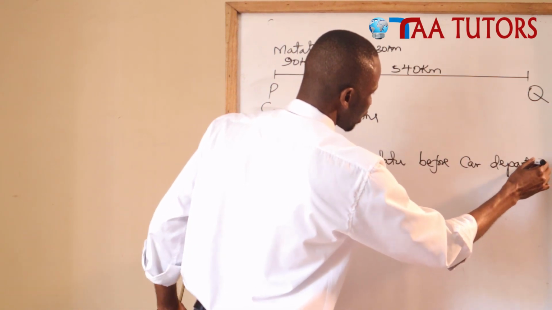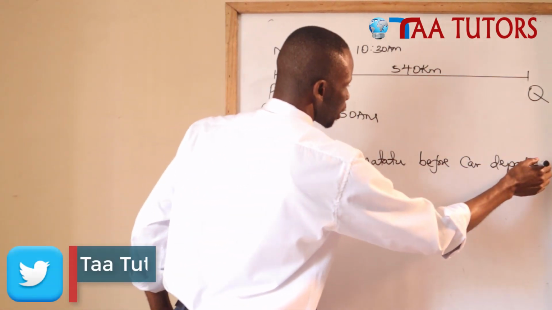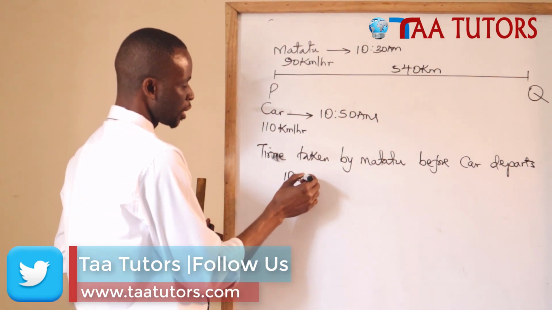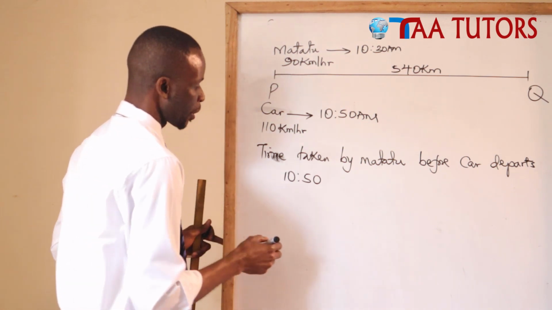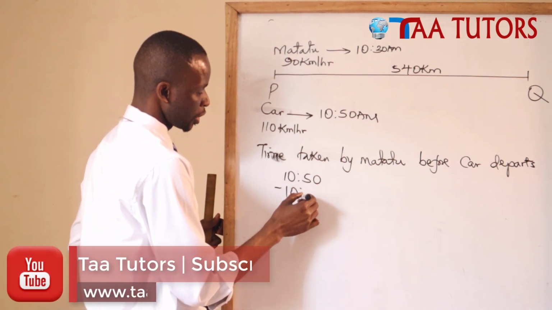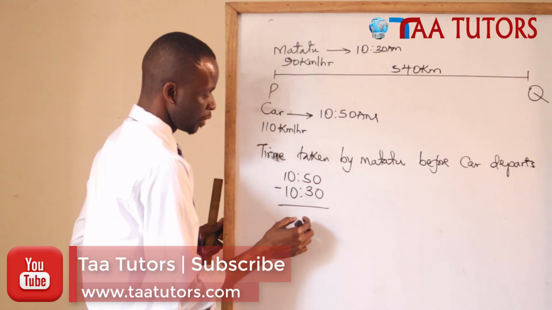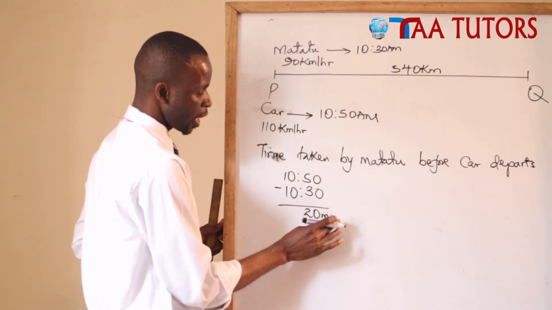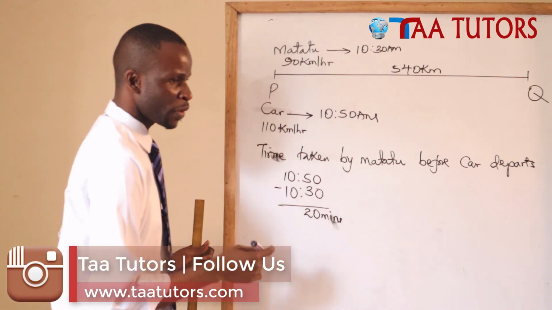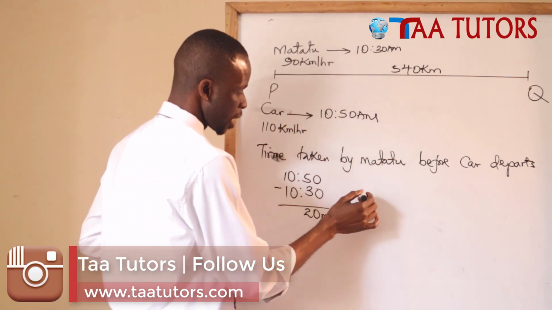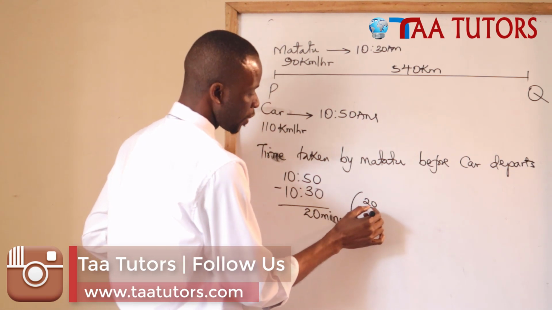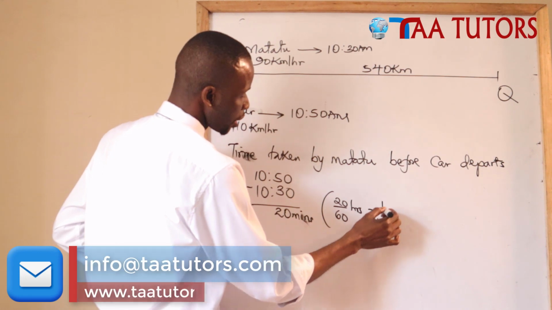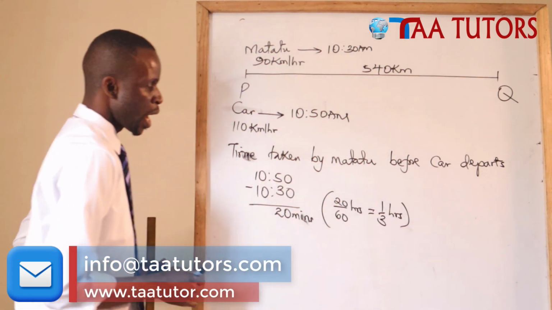This time taken before the car departs from town P will be 10:50 when the car is departing minus 10:30. This will give us 20 minutes. As I told you earlier, we need to be able to convert these 20 minutes into hours, and that will be 20 over 60 hours, which I can say is around a third hours, 1 over 3 hours.